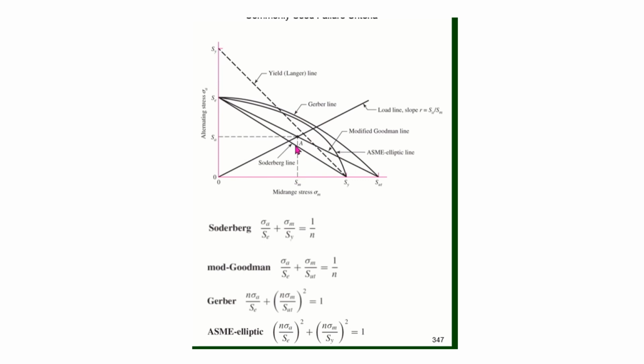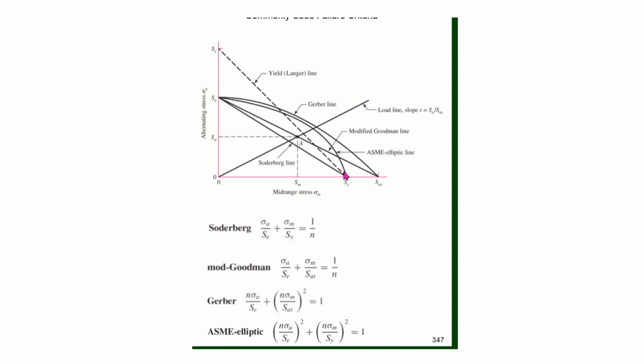So for example, this point A shown here at SA and SM would be a failure in the Soderberg curve, but it would not be a failure in the modified Goodman line. Goodman goes from the endurance limit out to the SUT. And so you can see the mid-range stress, the mean stress, is based on the ultimate strength failure, not a yield failure.